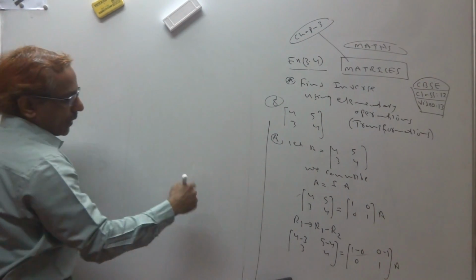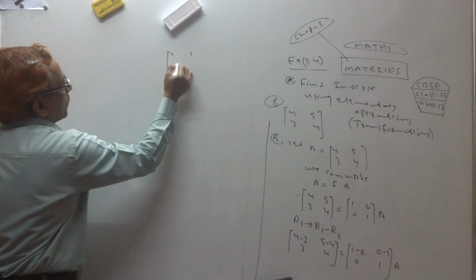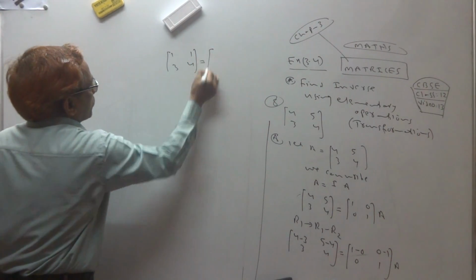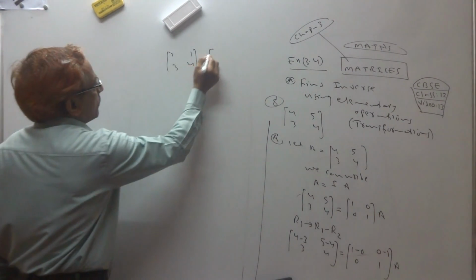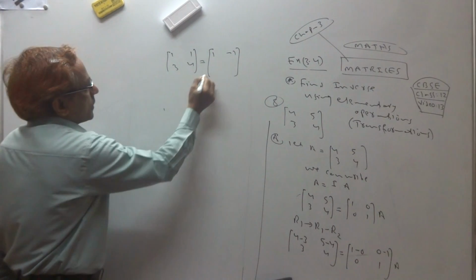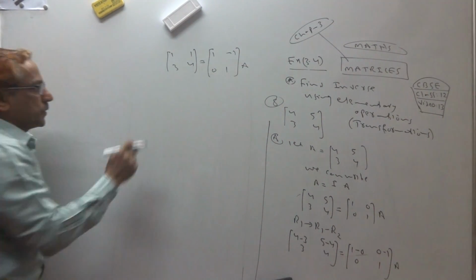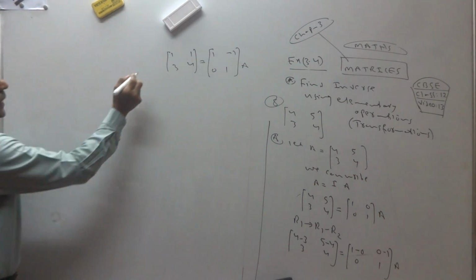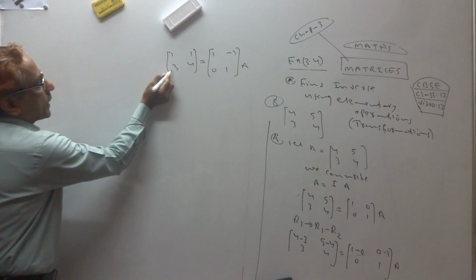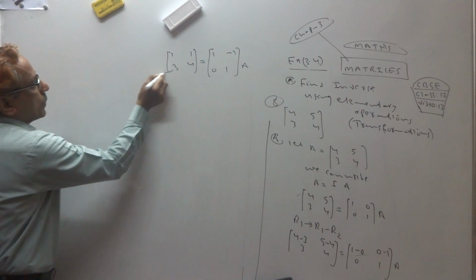Then what I get? [1 1; 3 4] equals [1 minus 1; 0 1]. Yes, this we got. Now I have to get, first I got 1, now I have to make this 0.